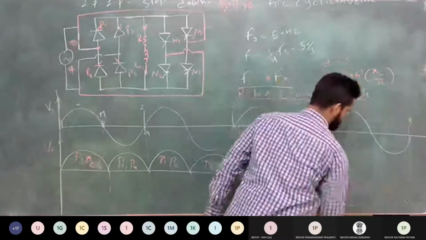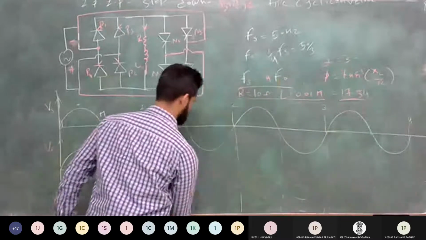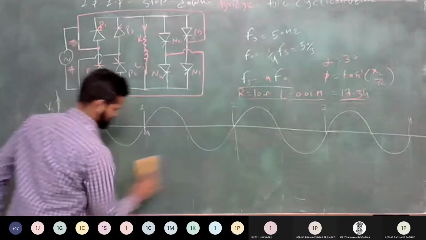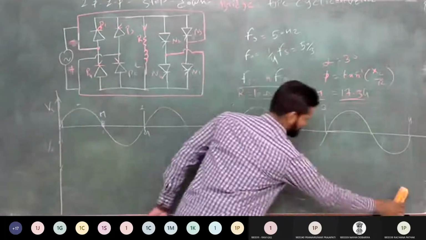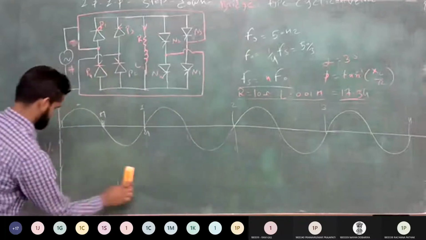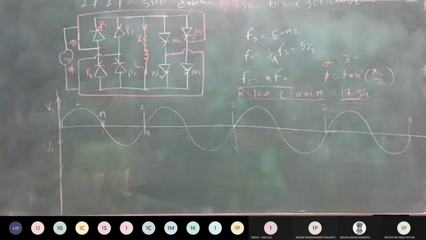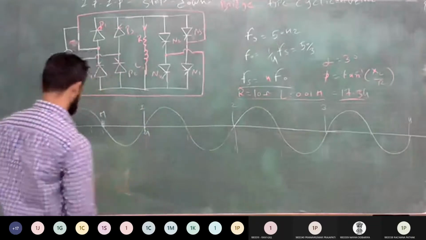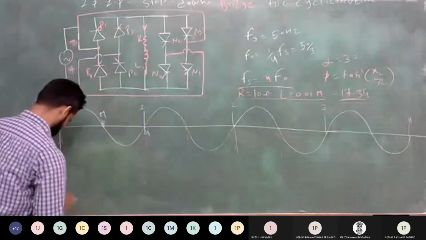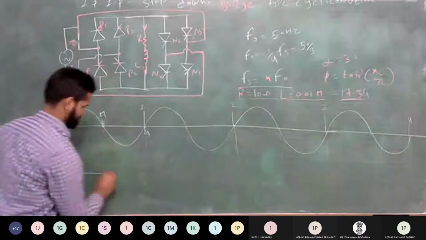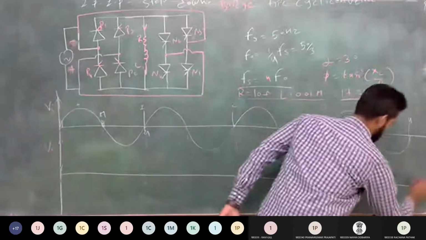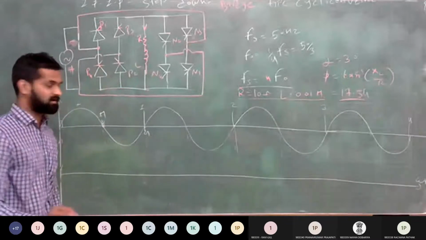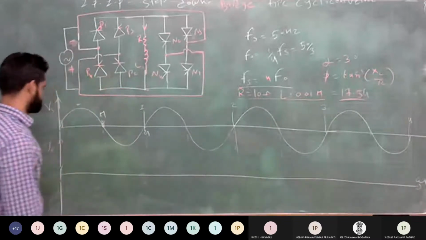So let's redraw the waveform of output voltage for this condition. Alpha is 30 degree for all the thyristors, all these 8 thyristors. Now which thyristor do you fire first and at which degree?